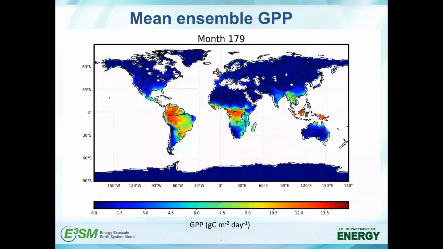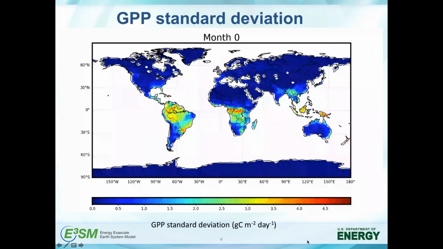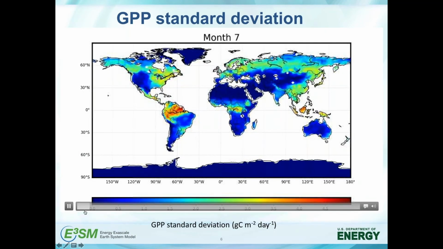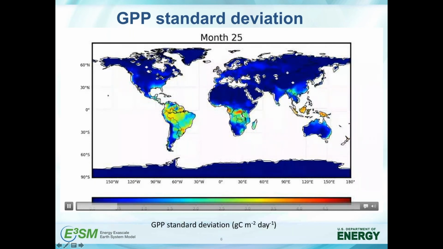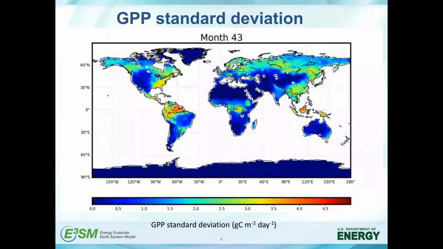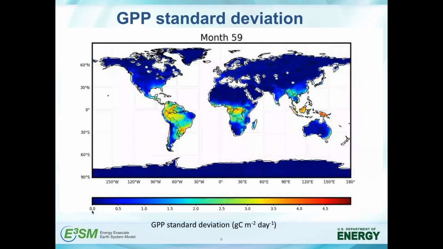On the next slide, something we can do is look at the standard deviation over the ensemble. So we have, again, 200 ensemble members that we're looking at, and this indicates where basically the highest uncertainties are, given the parameter ranges that we have used to construct this ensemble.